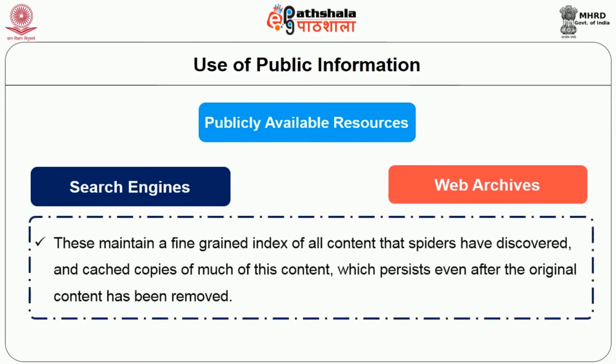These maintain a fine-grained index of all content that their powerful spiders have discovered. So all search engines have web spiders which find out the content. The content has been indexed on all those search engines, and they have also cached copies of much of this content, which are there even after the original content has been removed.